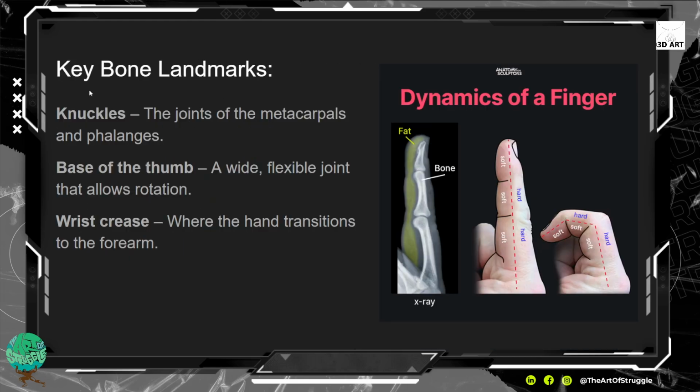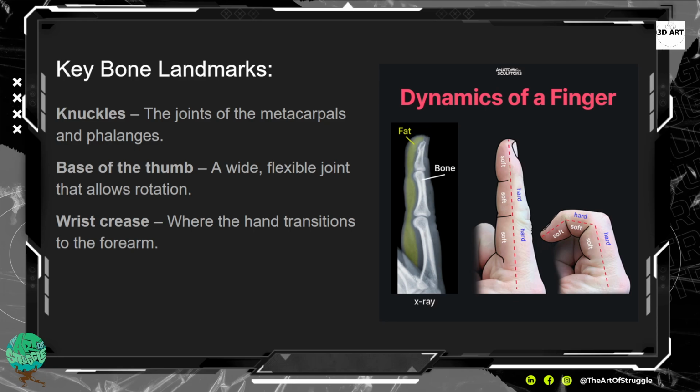So here are some key bone landmarks that you guys should keep in mind. The knuckles, the joints of the metacarpals and the phalanges. All right. So remember, there's 3 in every finger except the thumb. All right. Another key bone landmark is the base of the thumb, a wide, flexible joint that allows rotation.